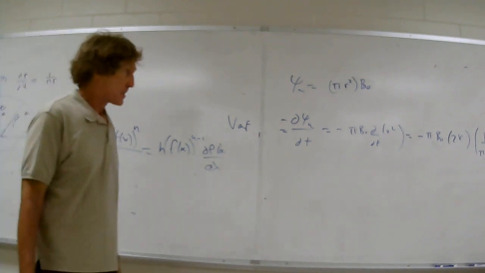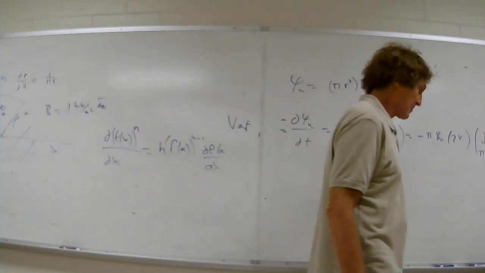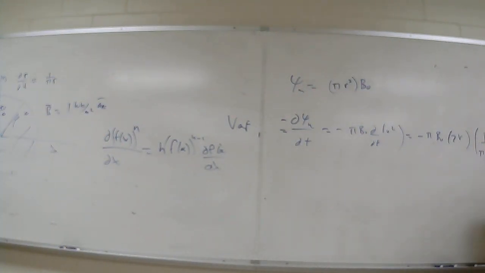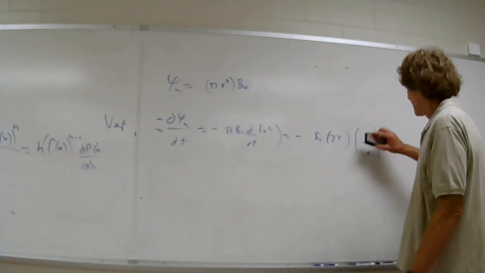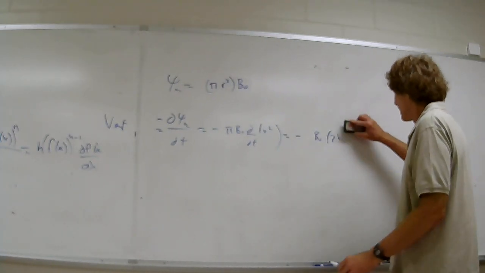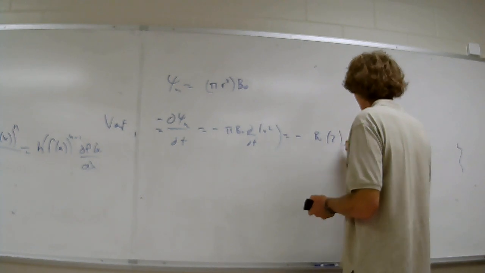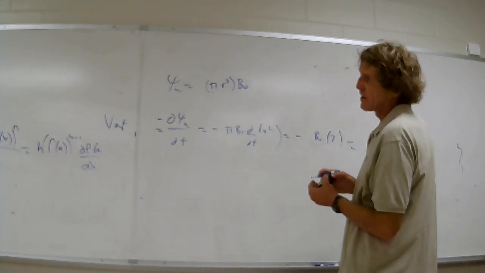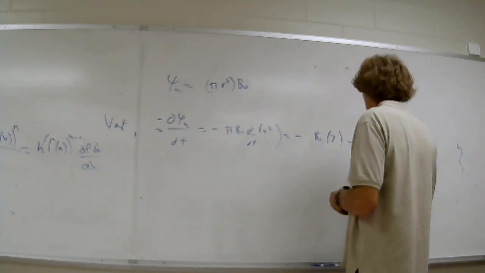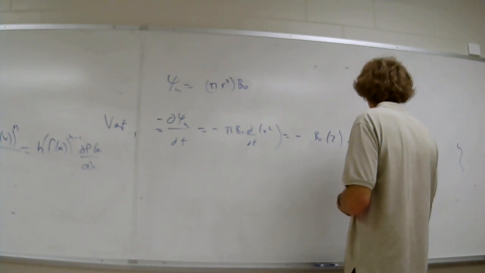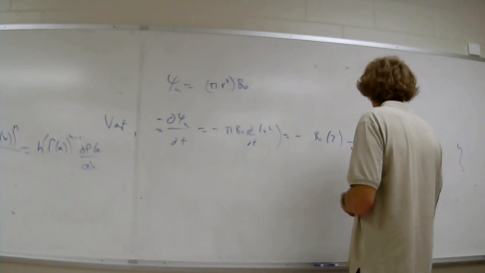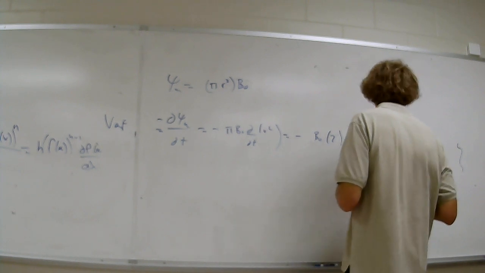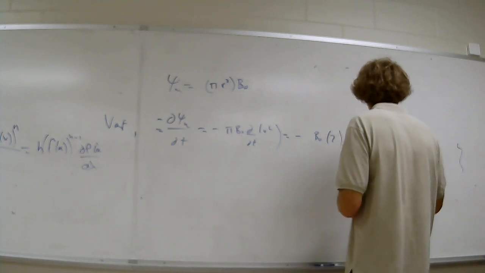Yeah. So you can see Wentworth crafted this, so the pi's go, and the r's go, and you get 2 B naught. What is B again? 1 Weber per meter squared. So this is minus 2 volts.